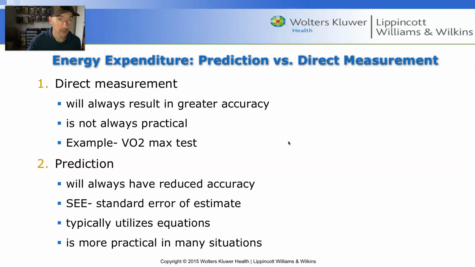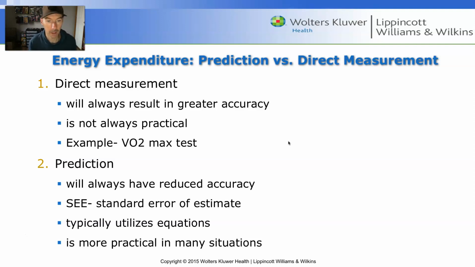Now, we did this with our last lab with resting metabolic rate. I had you all utilize that Harris-Benedict equation to predict the resting metabolic rate for our subject, but then we also measured the metabolic rate of the subject as well, and I asked you all to compare the two numbers.